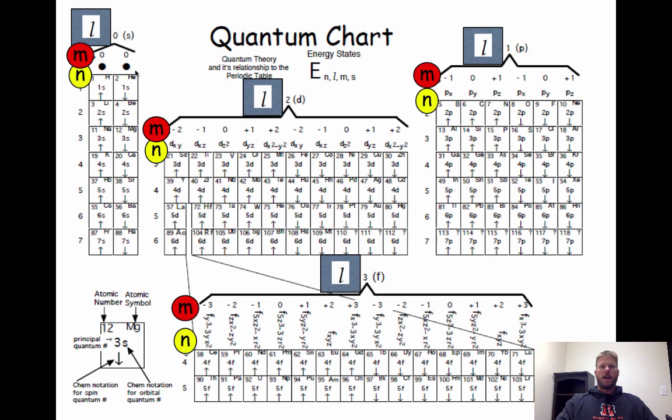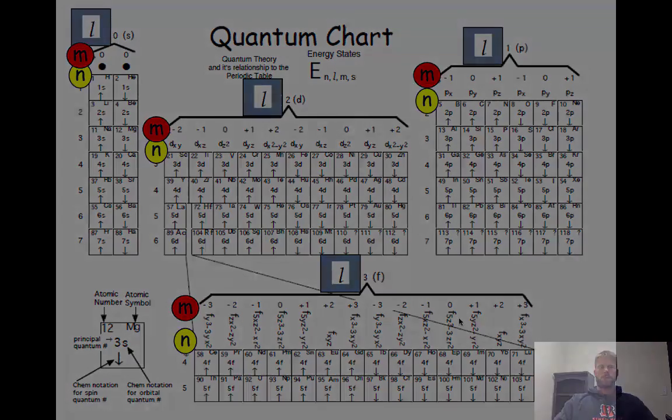So for L equals 0, we got a symbol of just a dot, and then for L equals 1, you got all the M numbers, and then Px, Py, Pz, and same with L equals 2 and all of its magnetic quantum numbers, and then the f orbitals and all of their quantum numbers. We give you both the physics and the chemistry notation.